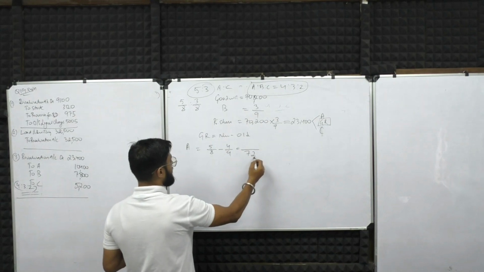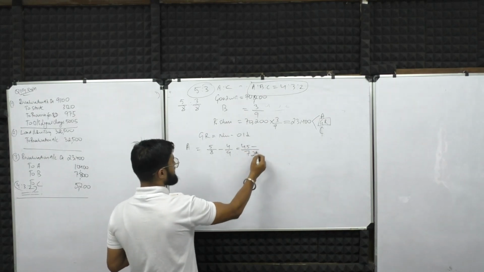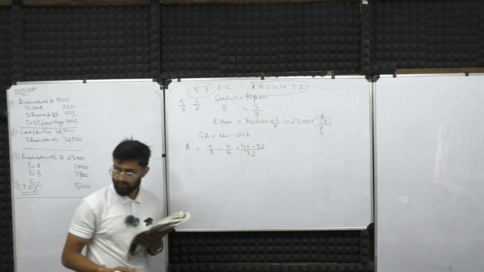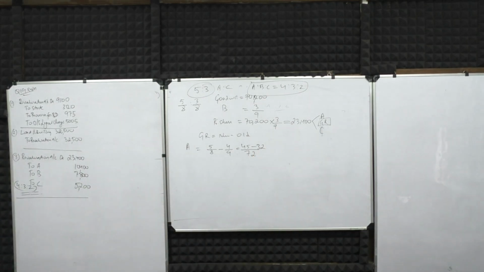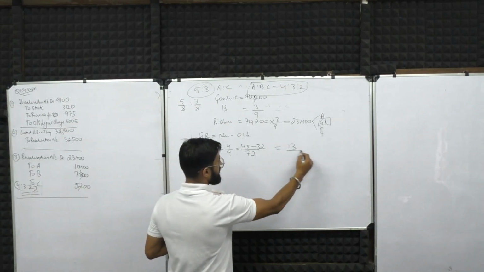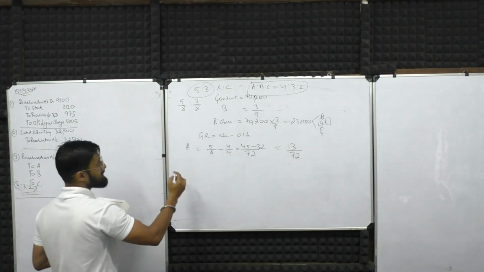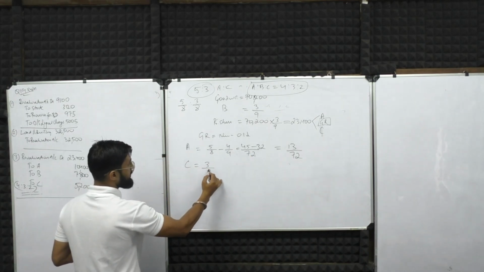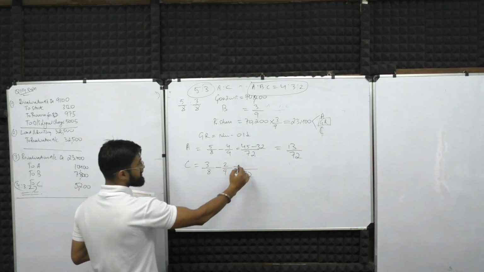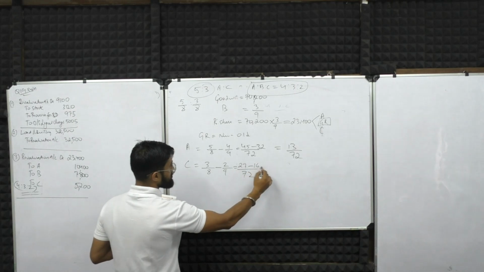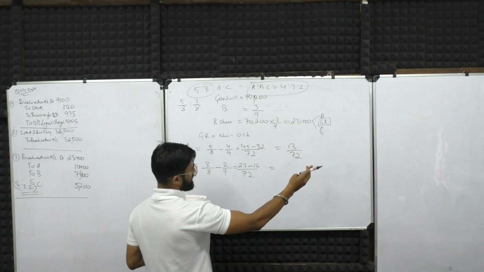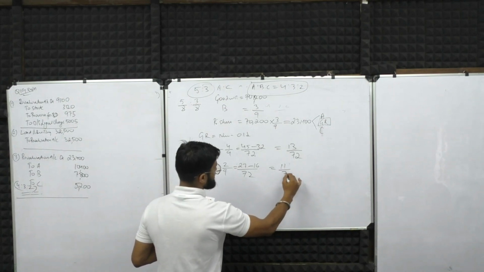72: 8 nines are 72, 9 fives are 45 minus 32, so 13 by 72. For C, new ratio is 3 by 8, old ratio is 2 by 9. 8 nines are 72, 9 threes are 27 minus 16, so 11 by 72.